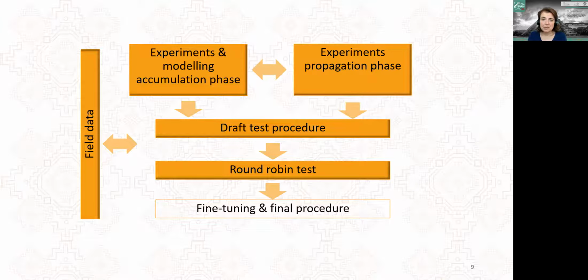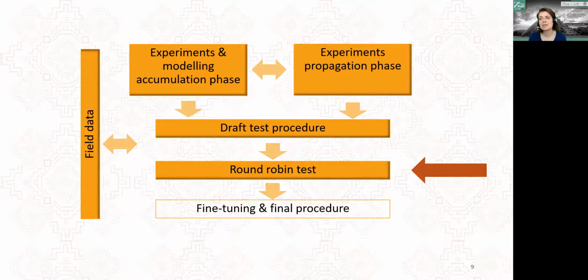The work of the committee has therefore also been divided, the experimental part divided in 2 parts. So we focused first on the development of the accumulation phase and then on the propagation phase, and then we brought these 2 parts together, and we defined a draft test procedure which we tested on 2 types of limestone, a Maastricht and a Migné limestone, which are very different in porosity and pore size.